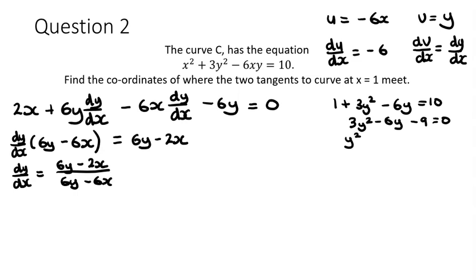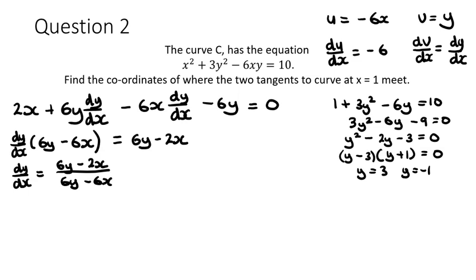To make that simpler, I can divide both sides by 3. Thankfully, I picked something that would factorise nicely. I'm nice to you guys like that. You might not think it when you're actually doing this pretty long problem. So you get y equals 3 and y equals minus 1.